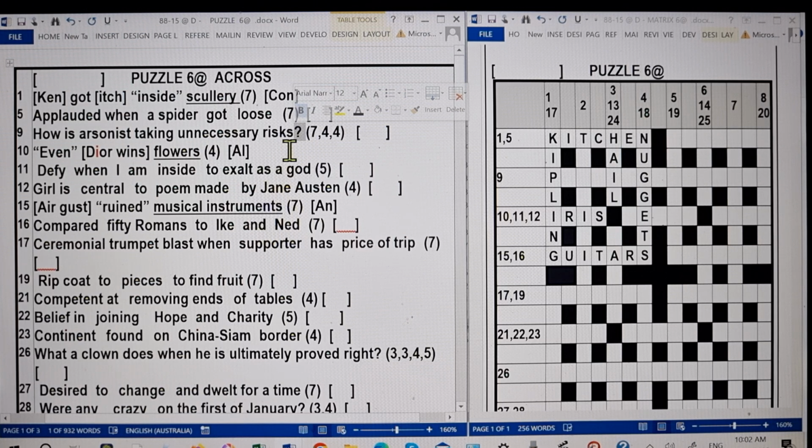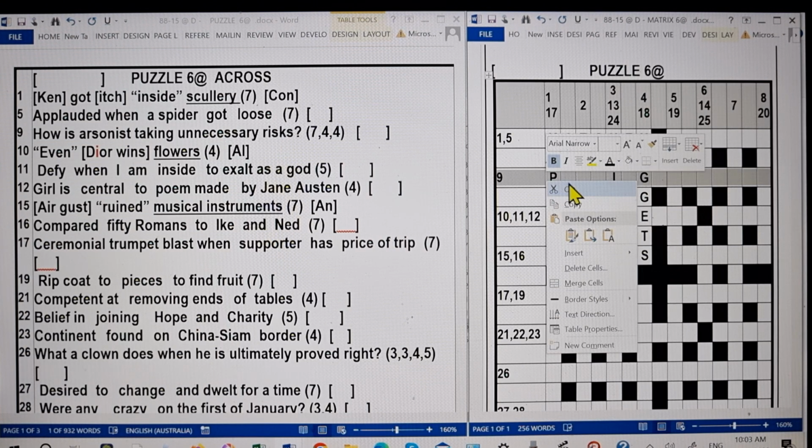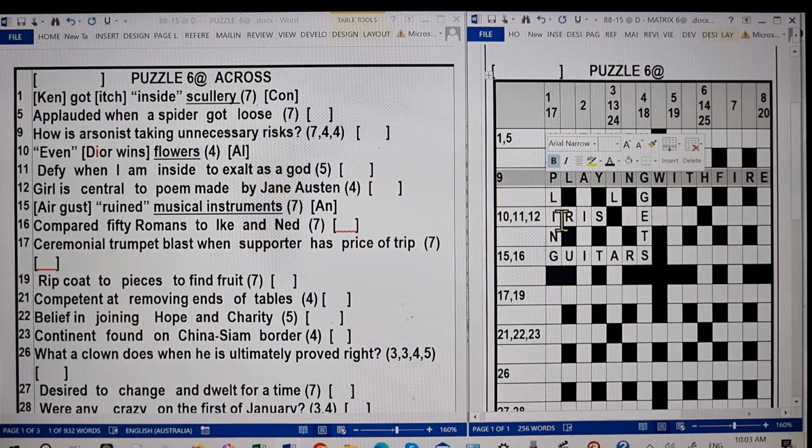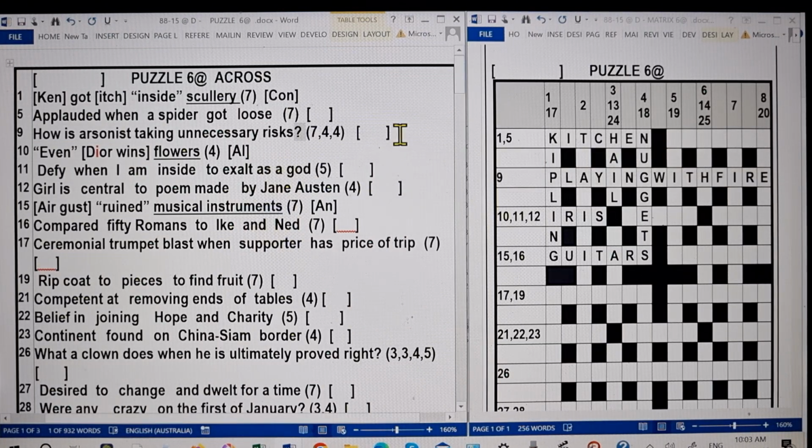Okay, you're finished now. Back again. Yeah, these things do take some thinking. How is arsonist taking unnecessary risk? And the answer is he is playing with fire. Okay, playing with fire. Let's look at how it works.